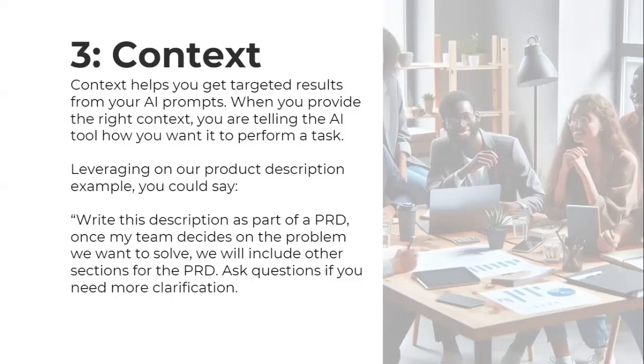So when the team decides that this is the problem we want to solve, the next stage comes in. The context is, I want to use this description as part of a PRD. So the AI tool already knows, this is my boundary, so to speak. This is the context within which the information that I will provide as an AI tool will be used.